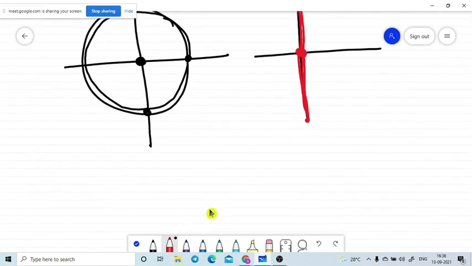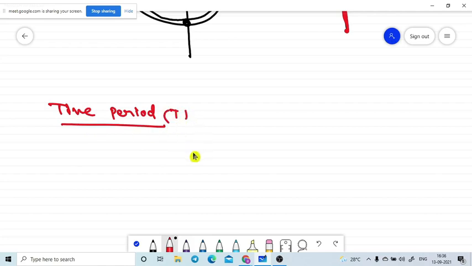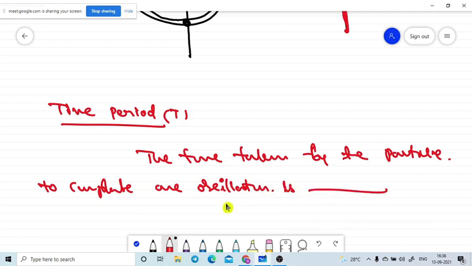It is denoted with capital T. Capital T, time period, means the time taken by the particle to complete one oscillation is called the time period of the particle.